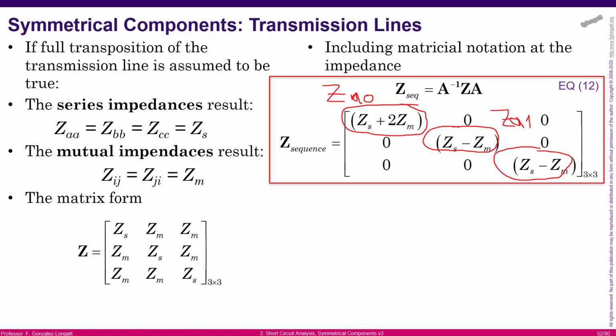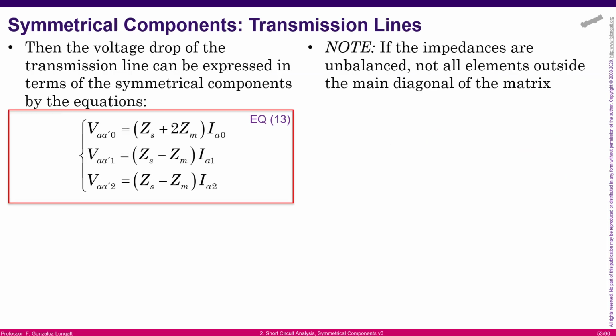Okay, sorry about my ugly handwriting, but what I'm trying to say is, in this case, this is zero, this is positive, and this is negative sequence impedance for the transmission line when we consider a symmetrical effect between the mutual impedances, and we consider that we have the same series impedance at each line. Okay.